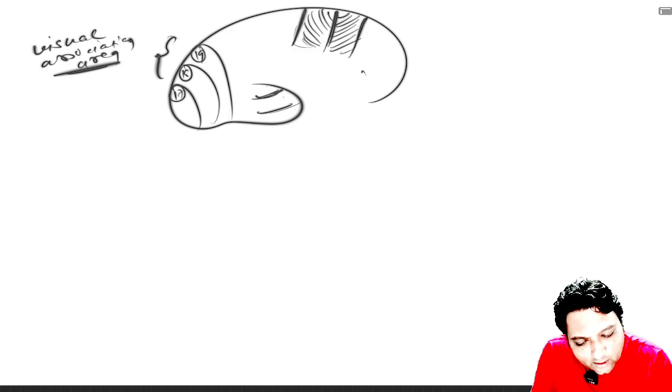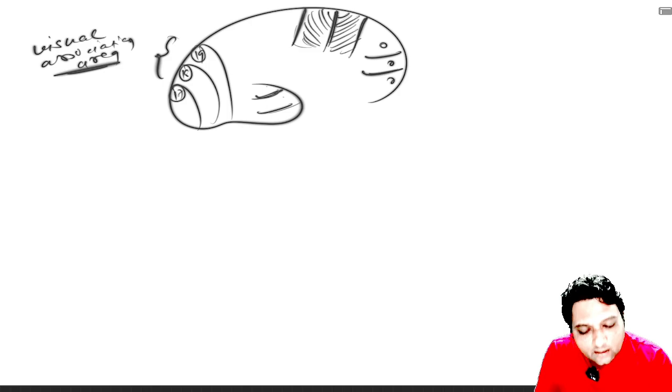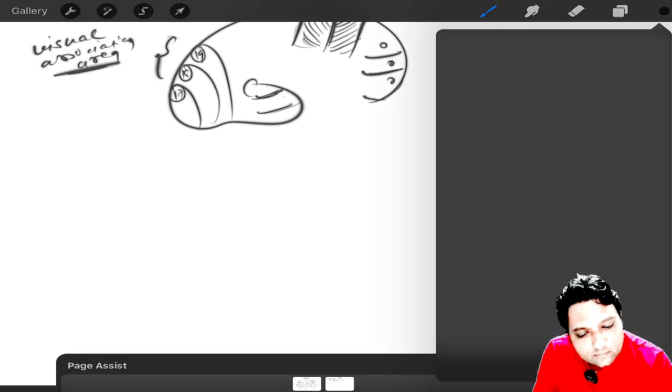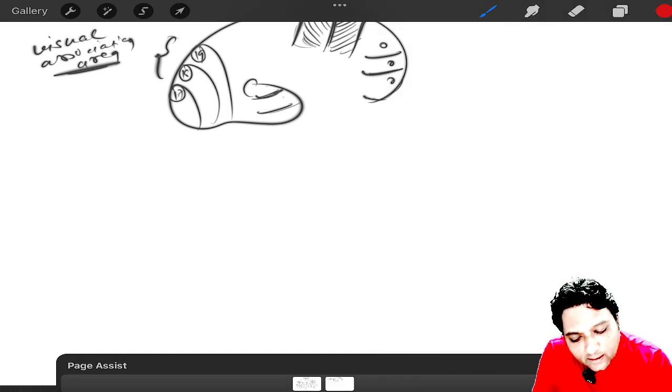And here in the frontal lobe, there are the superior, middle and inferior frontal gyri. Now at the back of the superior temporal gyrus, there is an area which is called Wernicke's area.